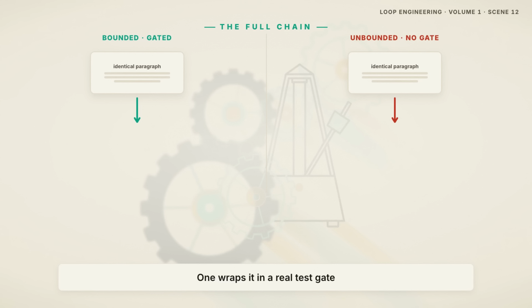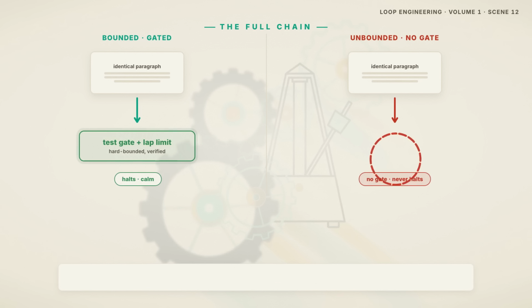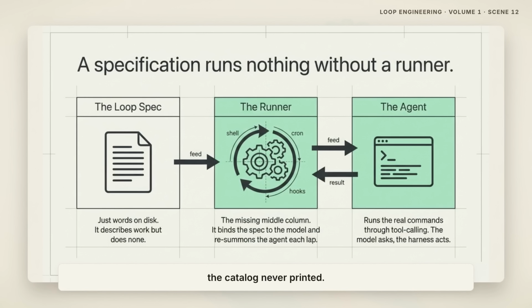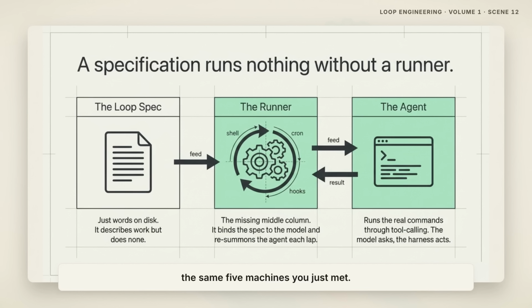One wraps it in a real test gate and a hard lap limit. The other pipes it into an endless loop with no gate. Same text, opposite results. The engineering lived entirely in the column the catalog never printed. That column has a name, the runner, the same five machines you just met. Get it right, and the loop is safe. Get it wrong, and the identical words become a liability.